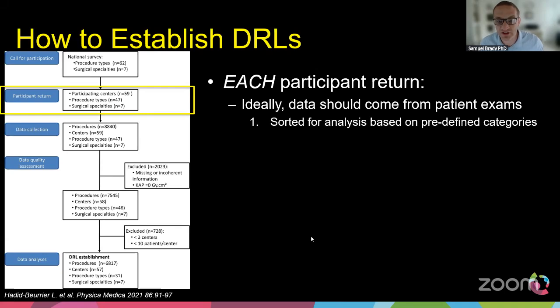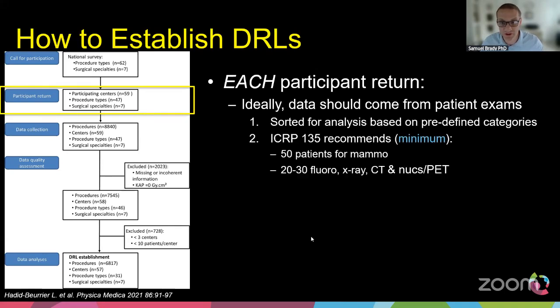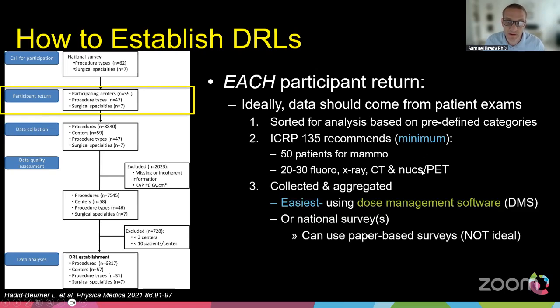So once they have started to collect that data, of course, they're going to sort that data as we discussed. But how many exams do we share from our local institution? The ICRP 135 report recommends a minimum, so you can send more, but a minimum of 50 patients for mammography and somewhere between 20 to 30 patients or exams per fluoro, X-ray, CT, and nukes.